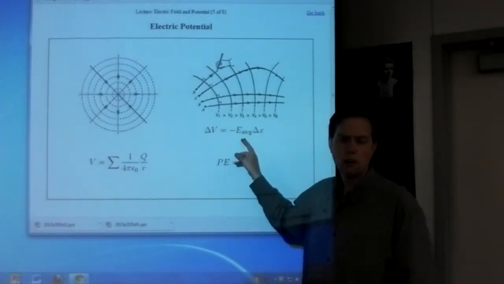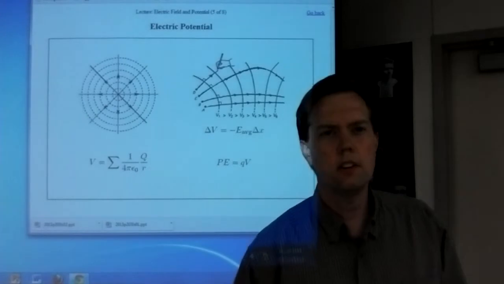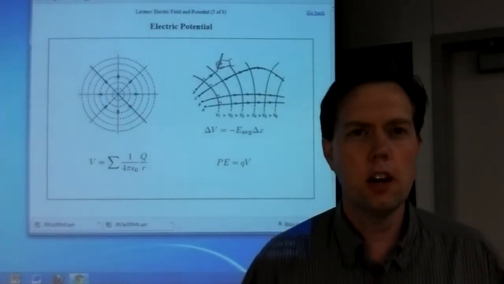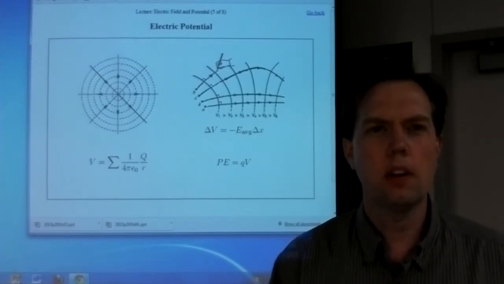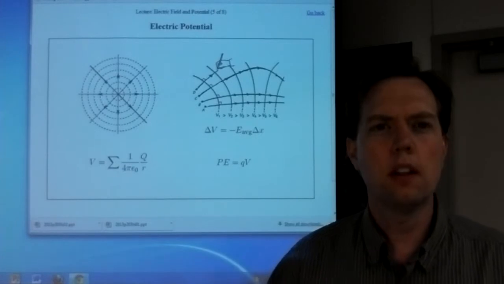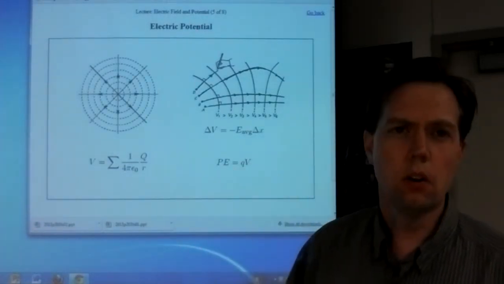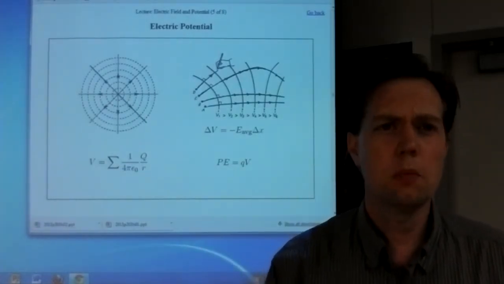Now here I've got the term average. That average is there just in case the electric field is changing. If the electric field is varying from point to point, then we need a little bit of calculus in order to calculate this average. Nonetheless, this equation still holds. So that's the connection between the two.